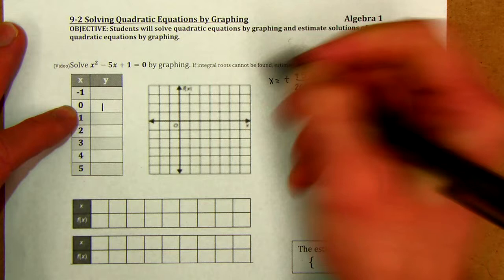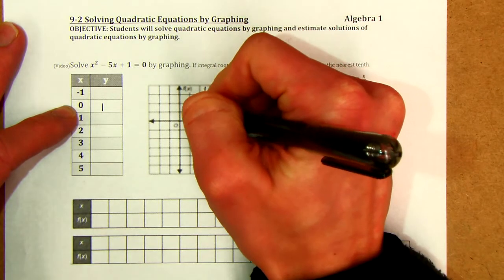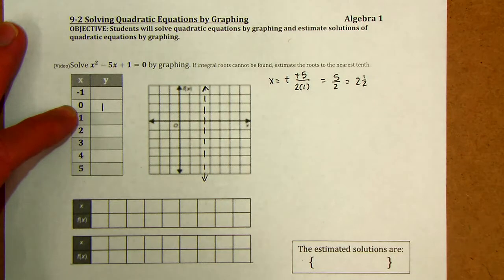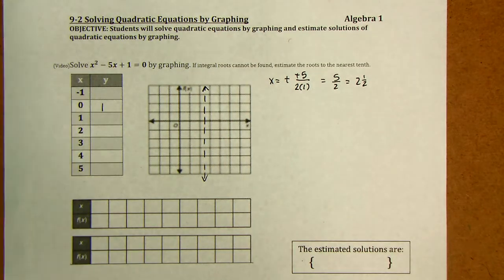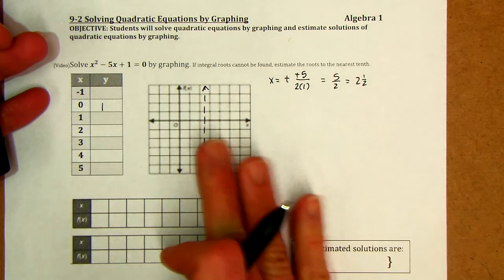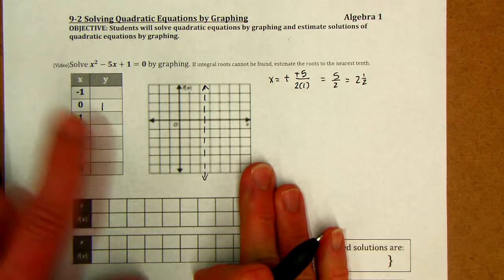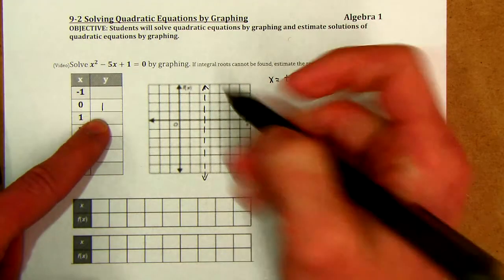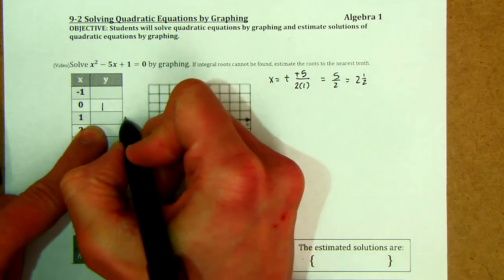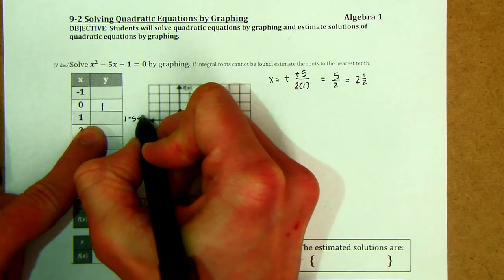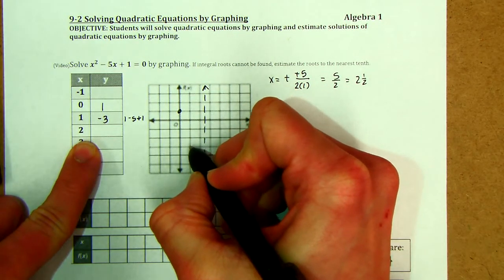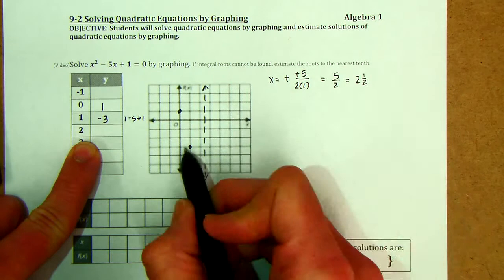If I plug that in, I'm going to get a general idea and find out what that is, but I'm not even going to worry about it. I do know that it's going to go on either side. So now I can plug numbers in. I know that this is 1. If I put 1 in there, I've got 1 minus 5 plus 1, so I've got a negative 3 right there, which tells me the axis of symmetry is going to be right there, and the axis of symmetry also tells me this is going to be right there.